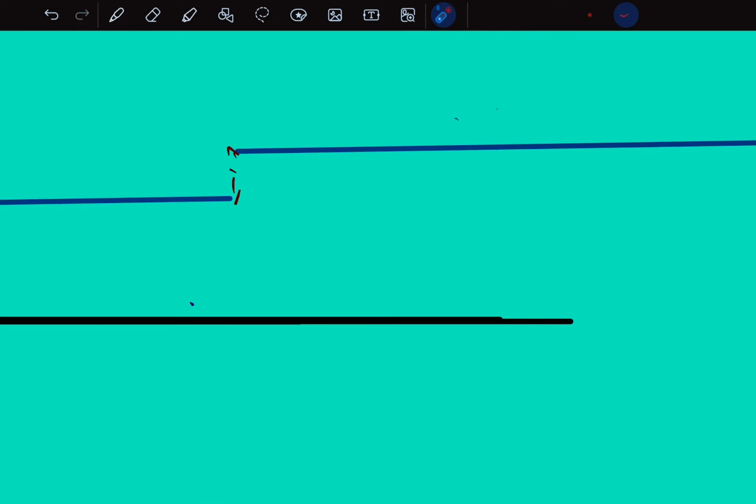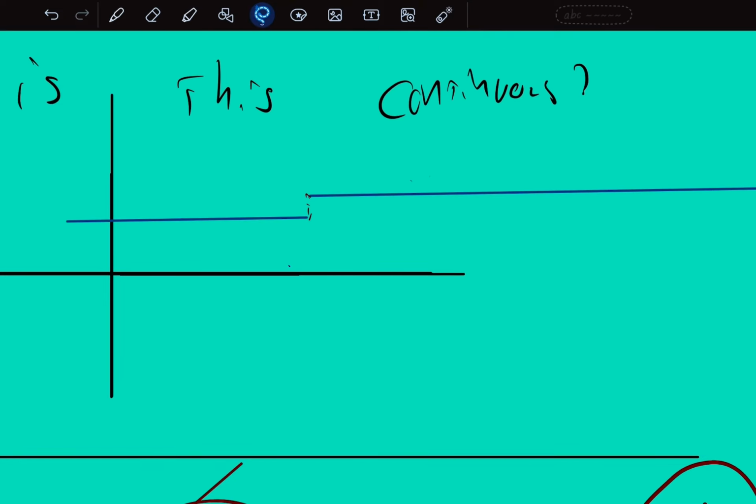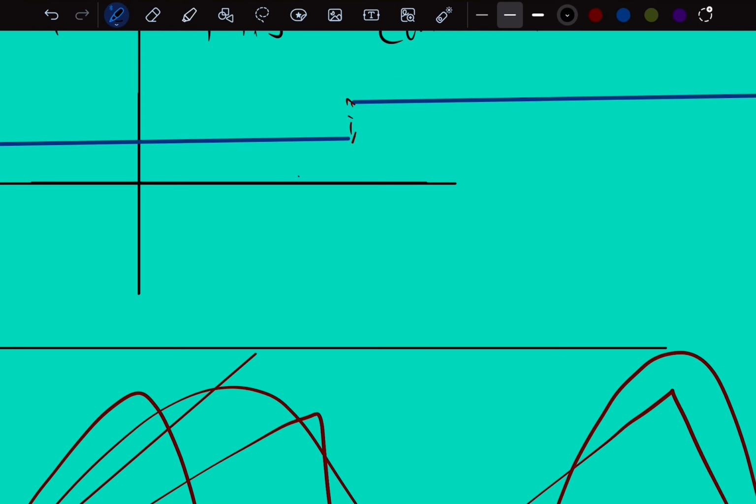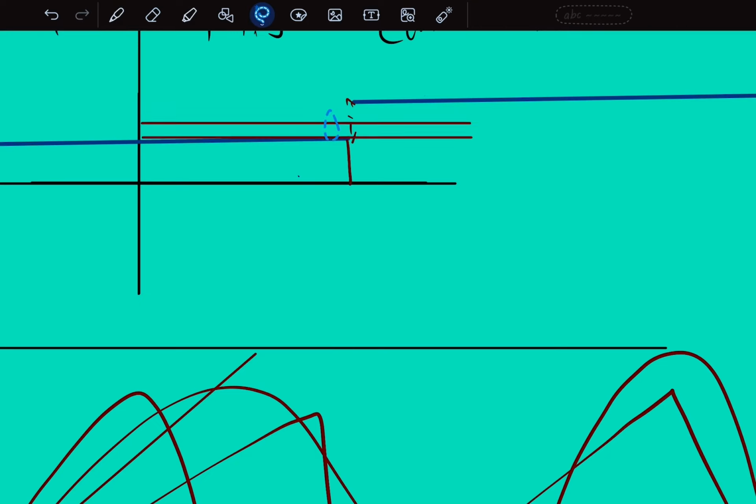No matter what, and let's zoom out a bit, make it a little clearer. No matter what delta we have, actually, let's say the limit is supposed to be here.